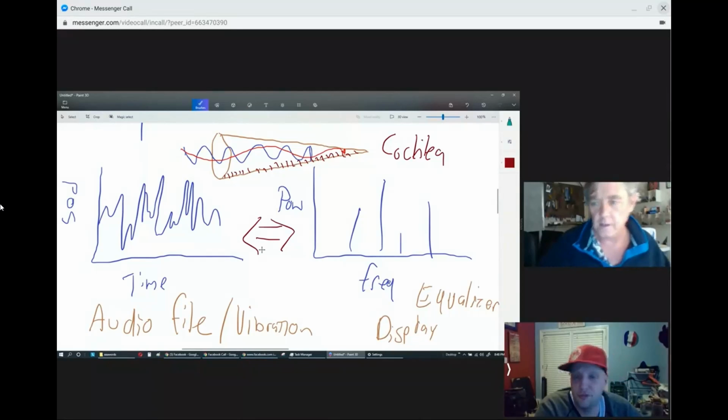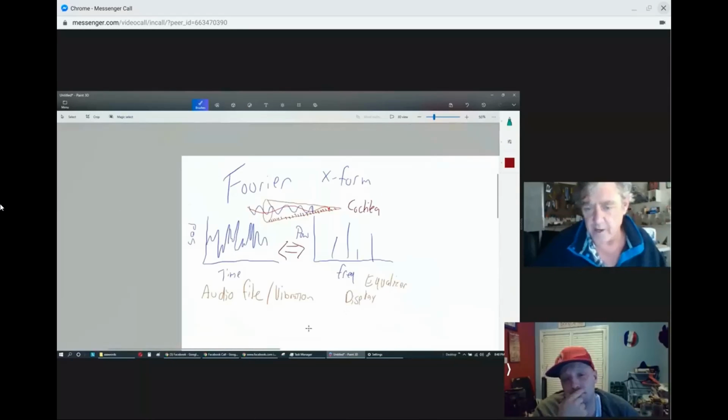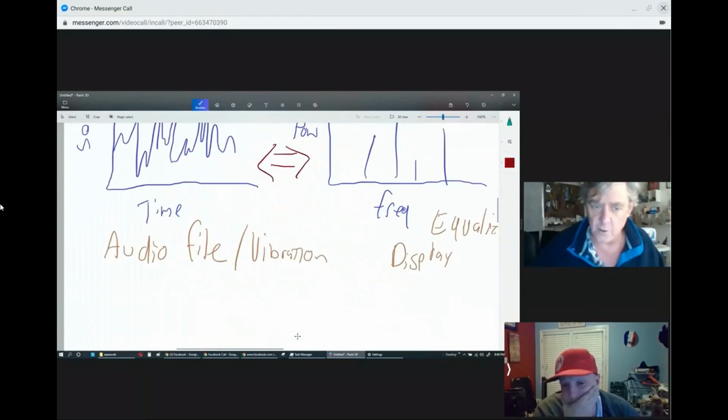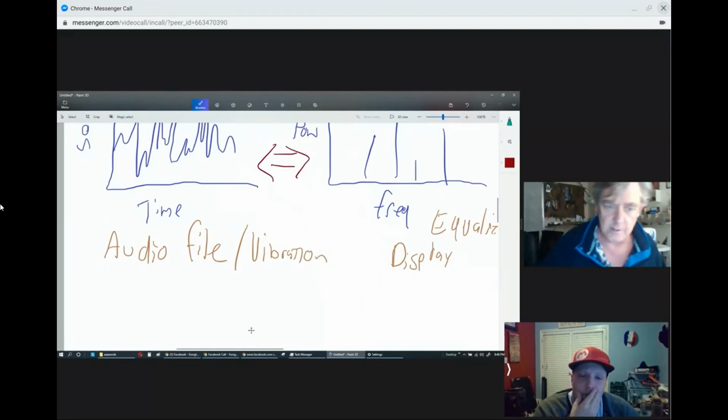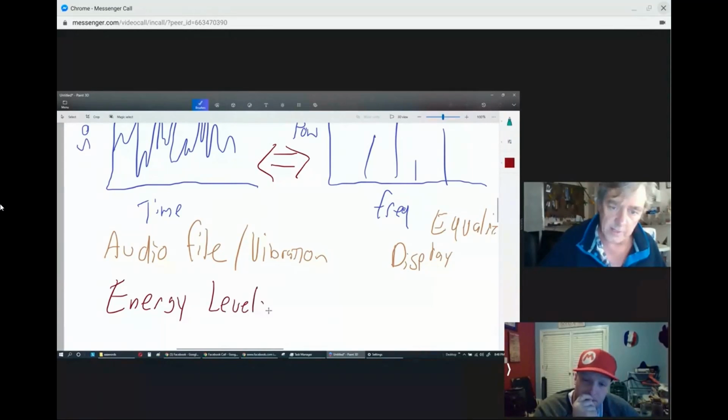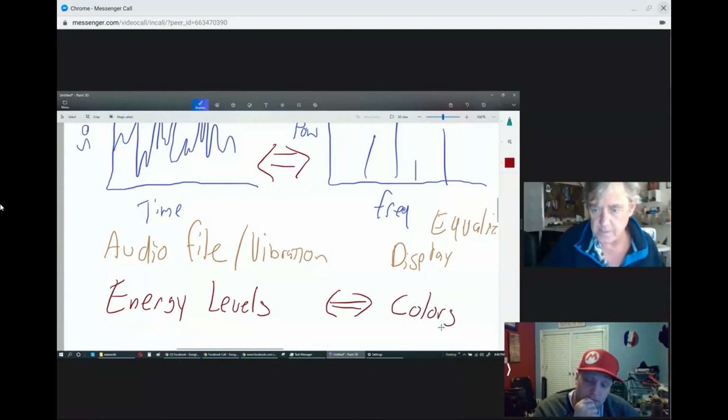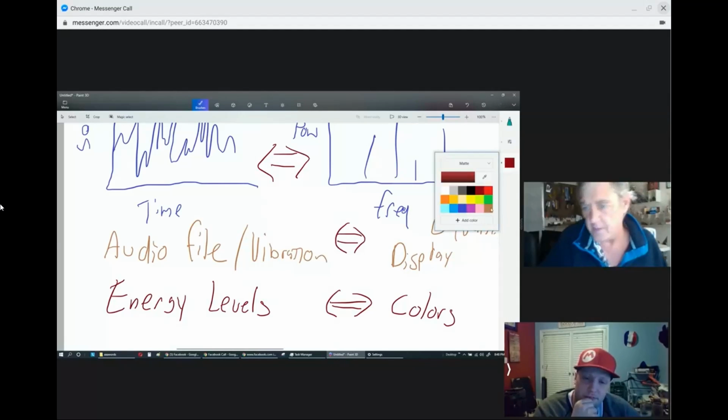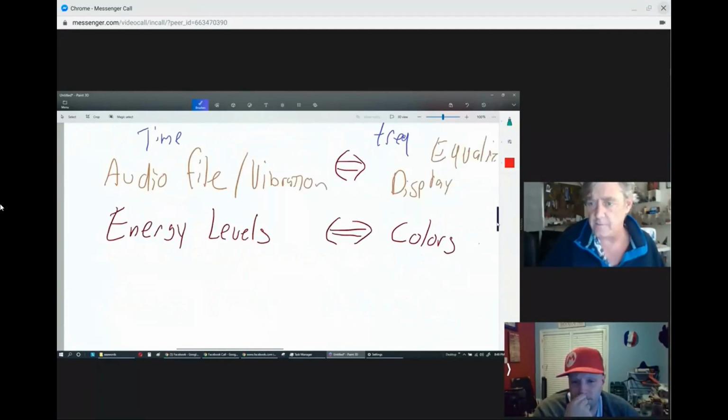Yeah, that's really cool. So the really familiar way that people have seen is going between an audio file and the equalizer. But we also have the cones in our eyes that turn energy levels into colors. The exact same thing. And like I said, this is one of the reasons that we like Fourier analysis.